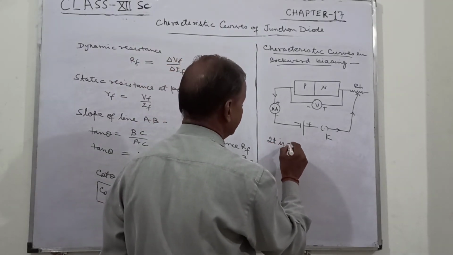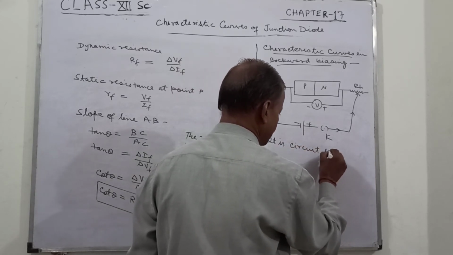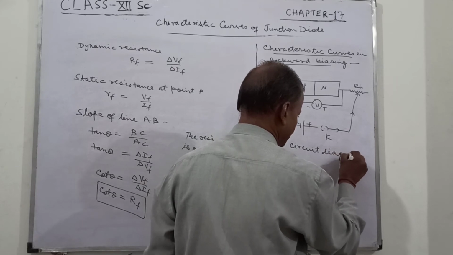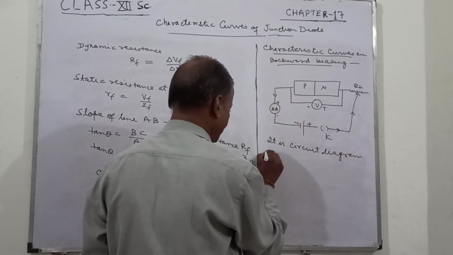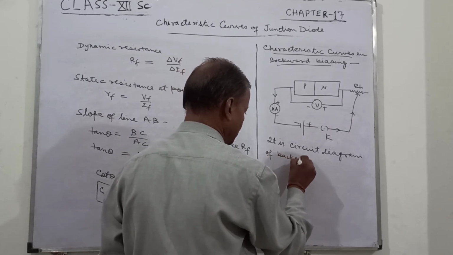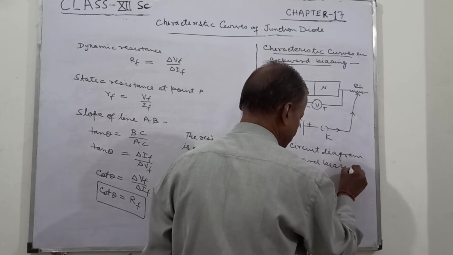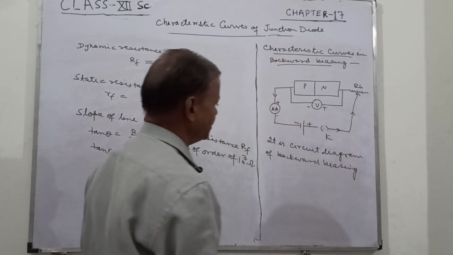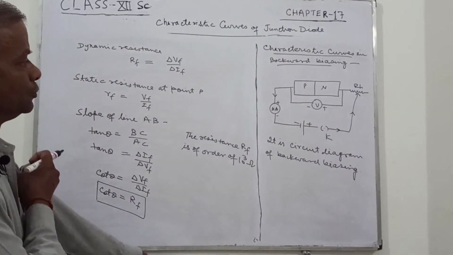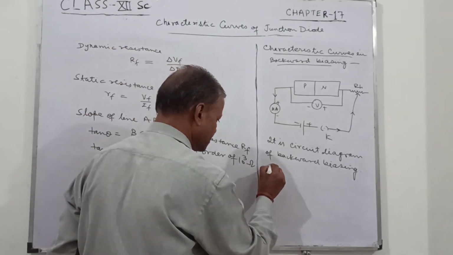It is the circuit diagram of reverse or backward biasing. Backward biasing. So here just I told you about this current.